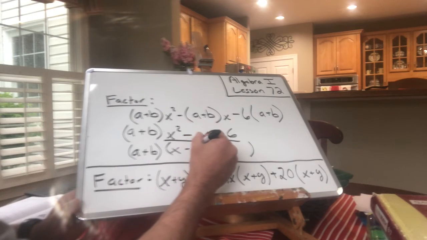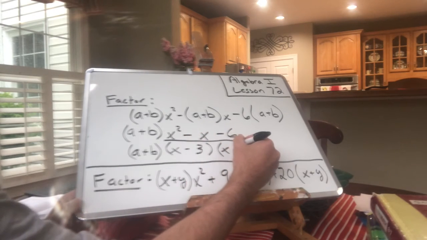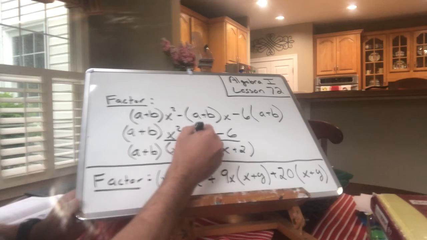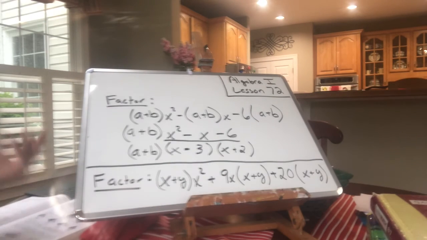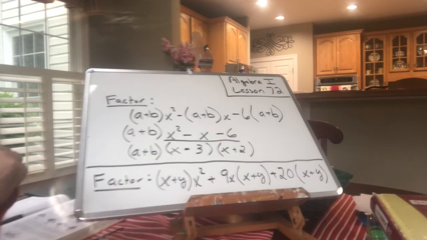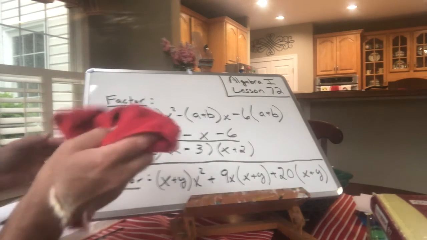Negative 3, minus 3. And then this one is going to be a positive 2, because that's going to give us a remainder of negative 1, which is right there. So that's how you would factor out the factors that are sums in the first example, okay?